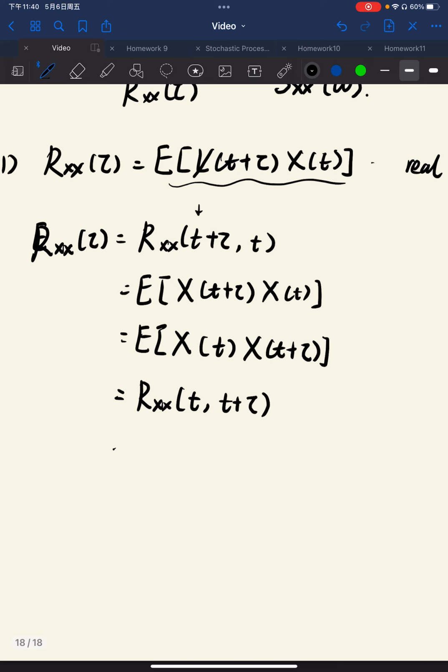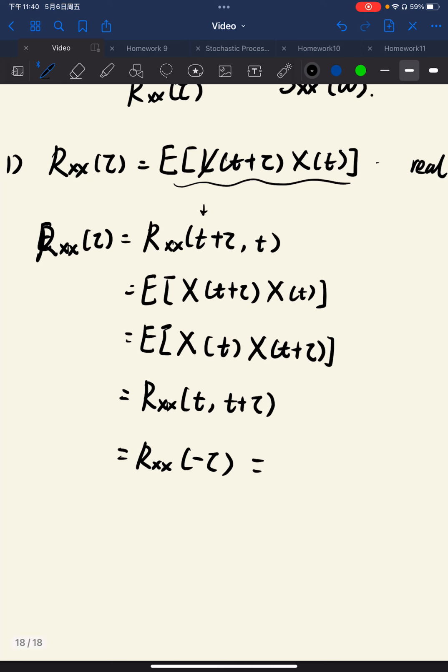Here the difference becomes negative tau, so it's the correlation at negative tau, which means these two are the same, so we can imply that the autocorrelation is even.